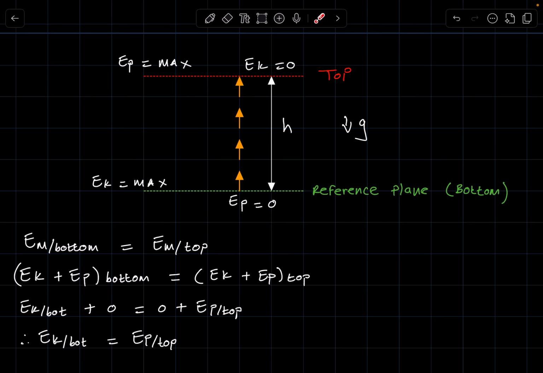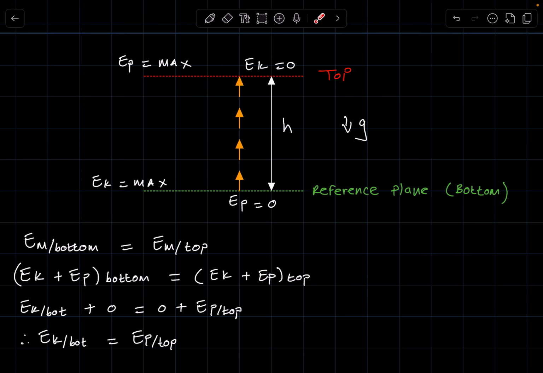But the kinetic energy is not being destroyed. It is actually being converted. So as the object moves from the ground, or from the reference point, to the apex, essentially what tends to happen is that the kinetic energy is converted into potential energy.